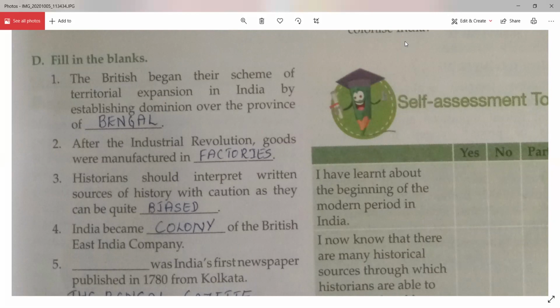So, right, factories. Historians should interpret written sources of history with caution as they can be biased. Biased. India became dash of the British East India Company. Colony.